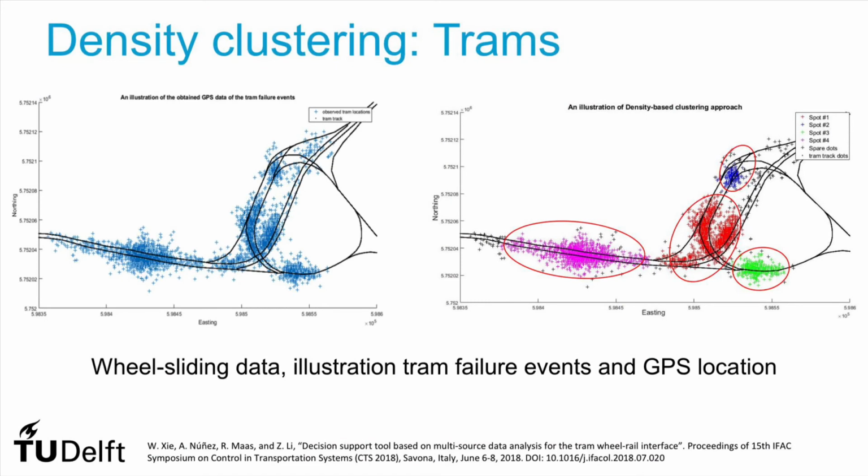In the left plot you see with black lines the tram infrastructure, and those blue dots are tram failure events. Because of errors in the positioning, the GPS signal is not accurate, then you get failure events outside the tram infrastructure, which is not possible in this case. Well, unless there's a derailment, of course.